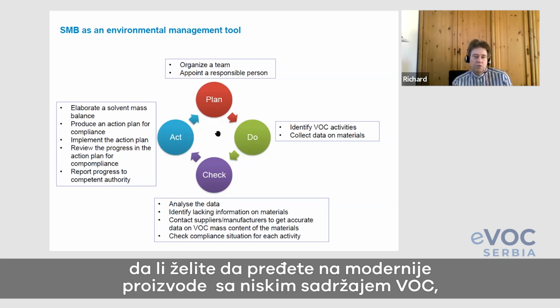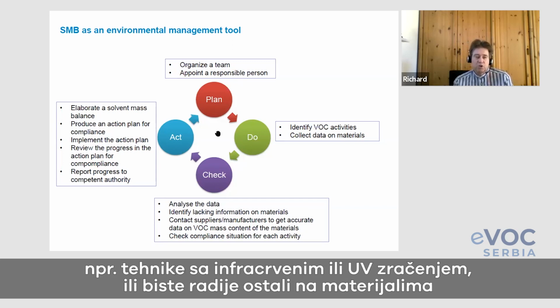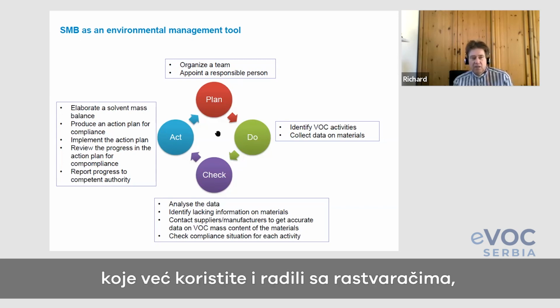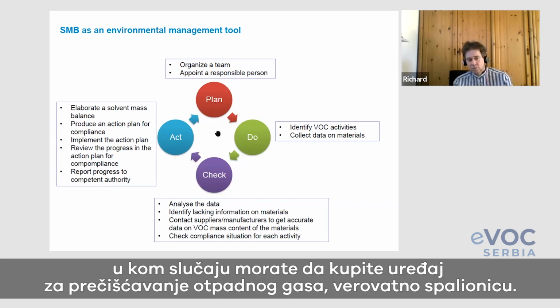Do you want to go more to modern products with low VOCs, for example infrared or UV techniques? Or do you prefer to stay with what you're already doing, working with solvents? Then maybe you need to buy a waste gas abatement technique, probably a waste gas incinerator.